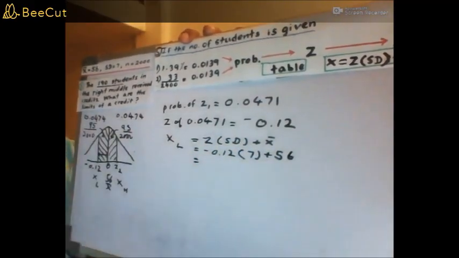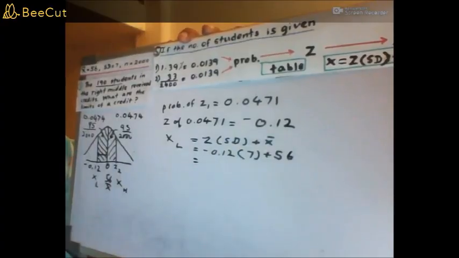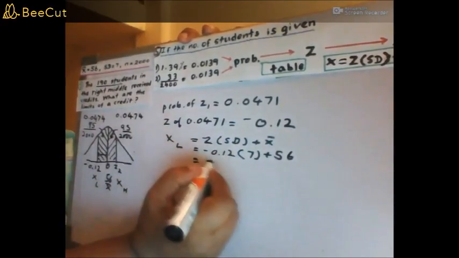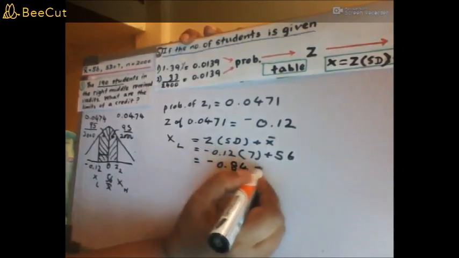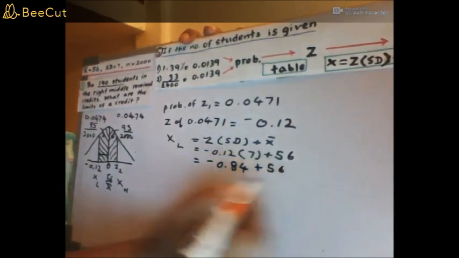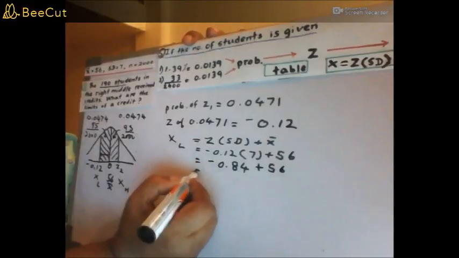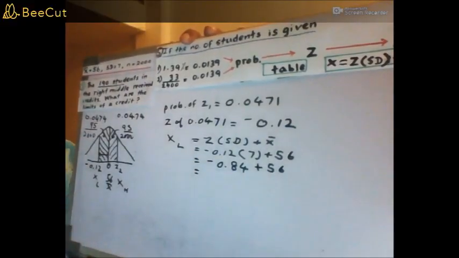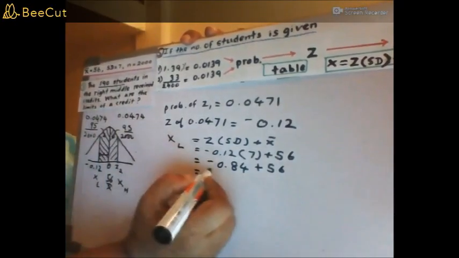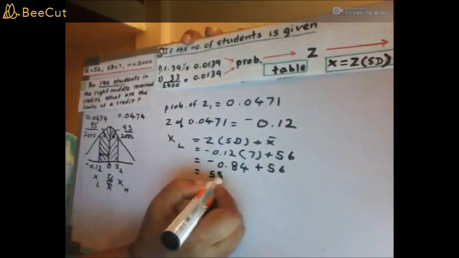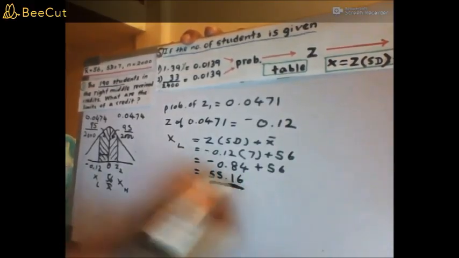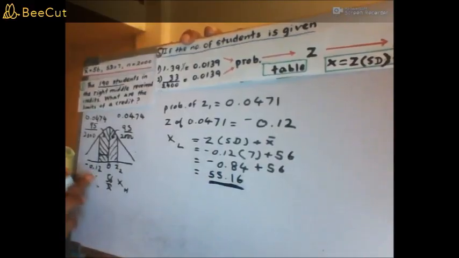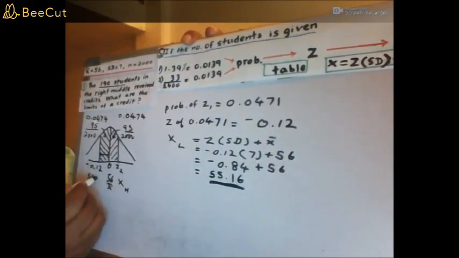So here it is minus 0.84 plus 56. The answer is 55.16. That's the lower limit.